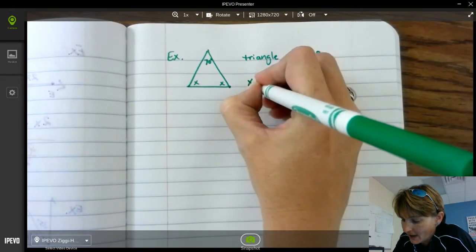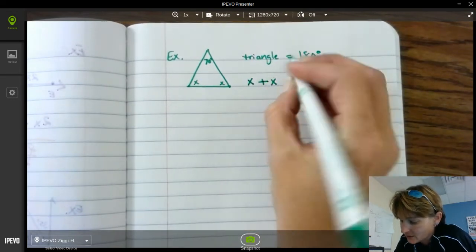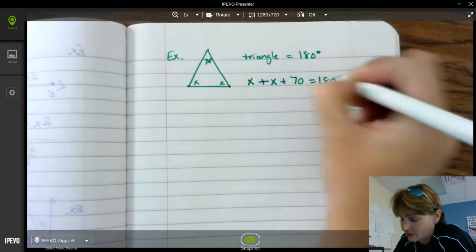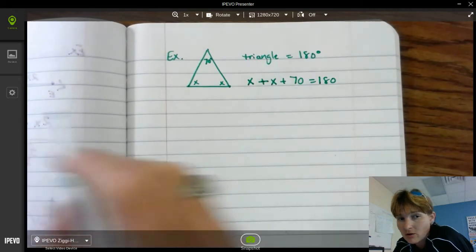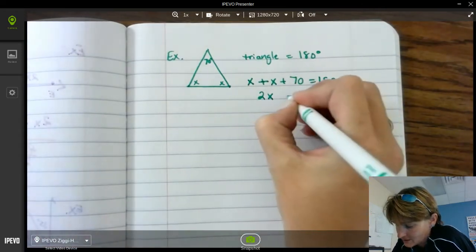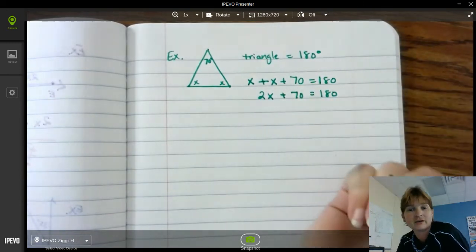So if I have one of the x's, plus another x, plus the 70, this all should equal 180 degrees. Well, x plus x means I have 2x plus the 70 to equal 180 degrees.